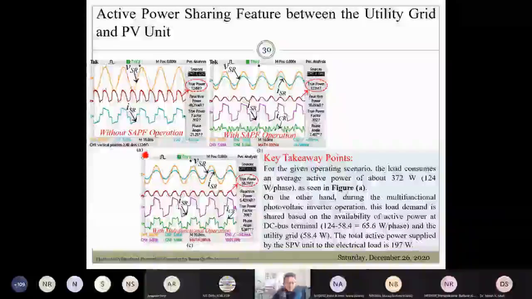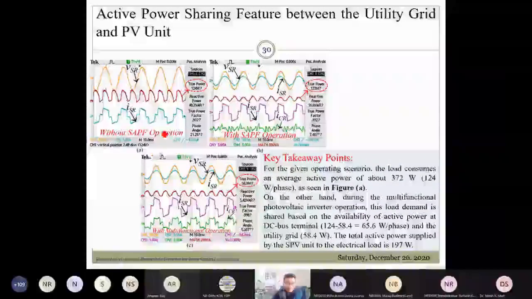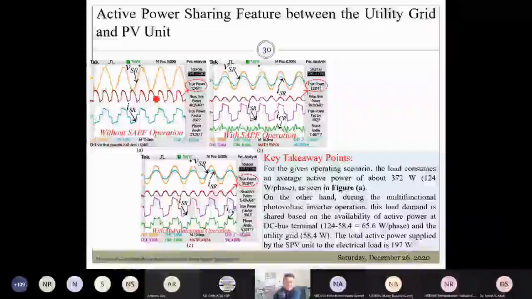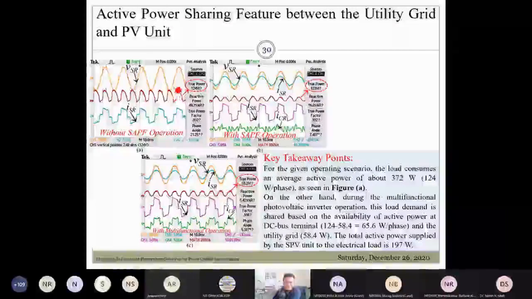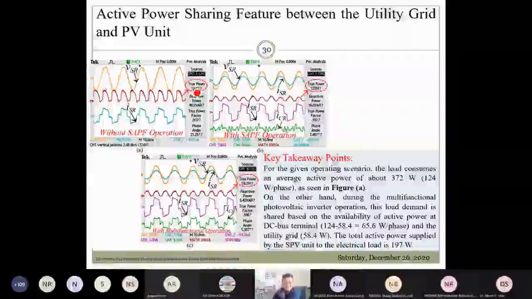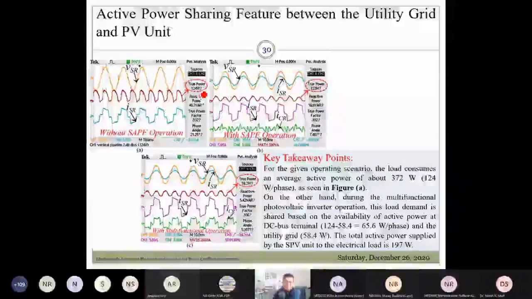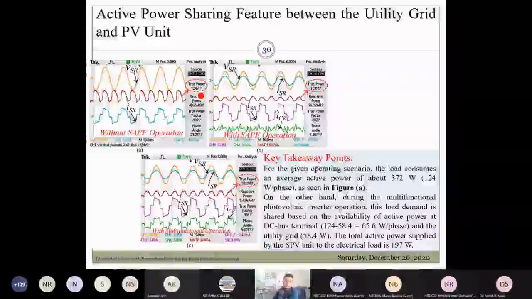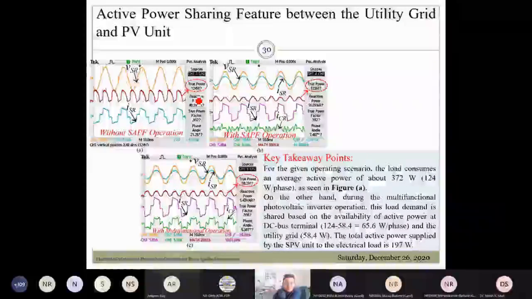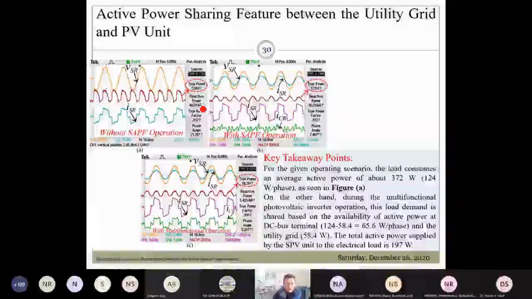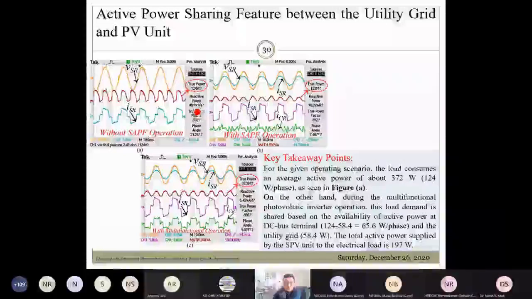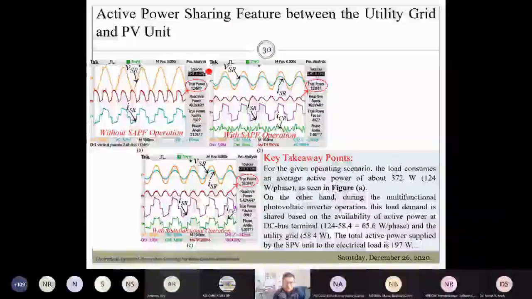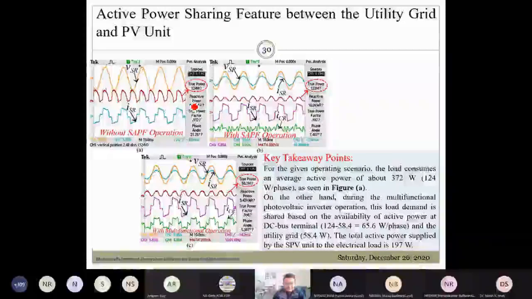So, a careful examination of plot A. It can be seen that when the PV inverter is disabled, the active power supported by the utility grid is 124 watt, since the native power output from the PV unit is 0. The reactive power supported by the utility grid is 48.2 VAR. These are per phase quantities, not three-phase quantities.